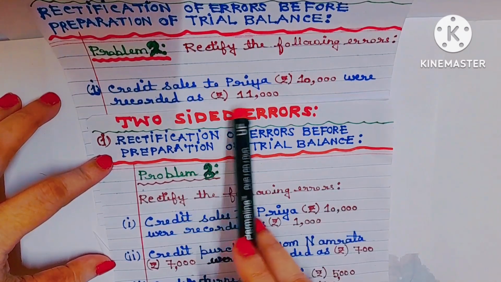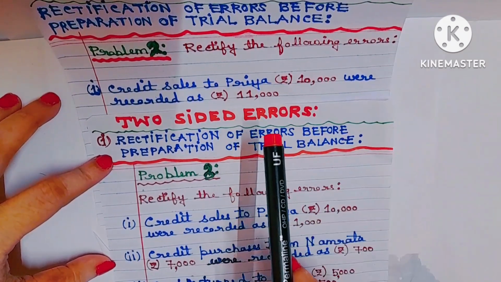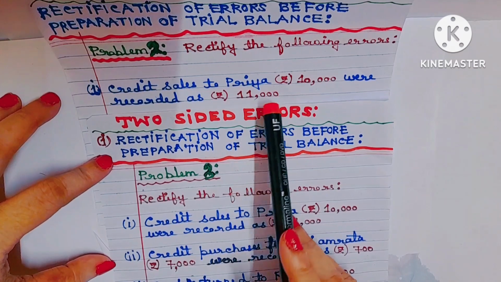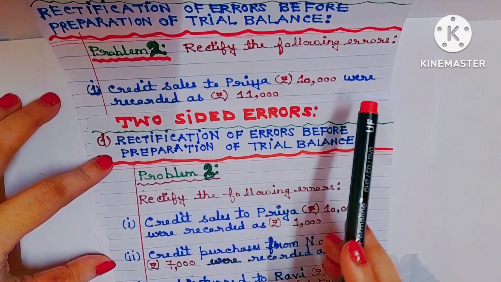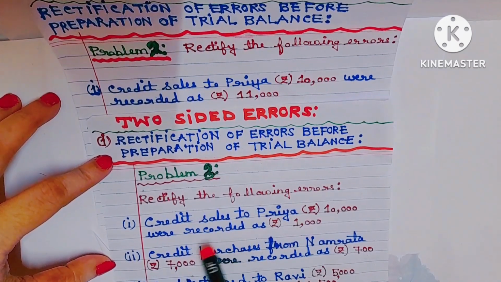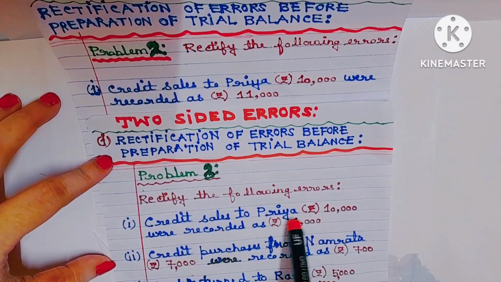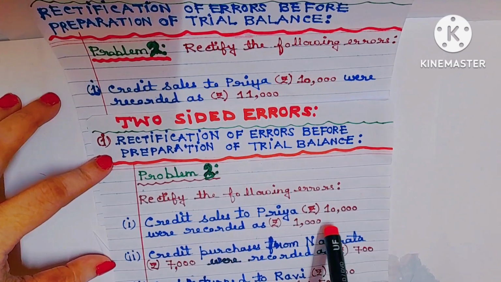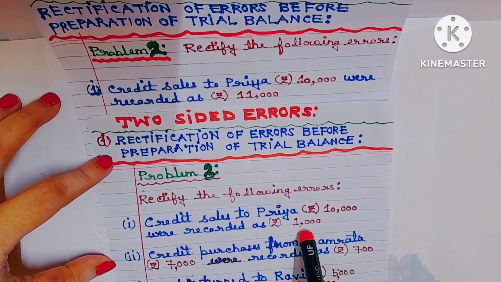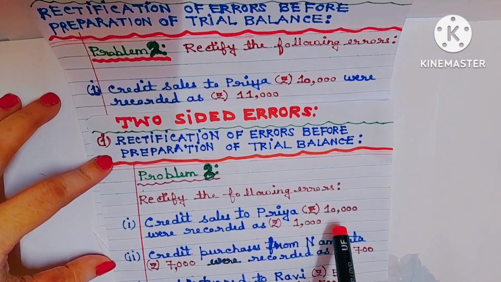Were recorded as rupees 11,000 in the last problem, which I have shown you already. The amount had been recorded 1,000 more. But here the amount has been recorded 9,000 less. See, credit sales to Priya rupees 10,000 were recorded as rupees 1,000. That means 9,000 less. 10,000 minus 1,000 will give you 9,000. So rupees 9,000 has been recorded less.